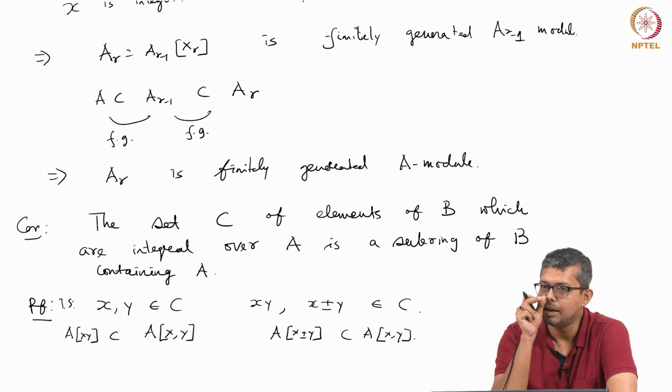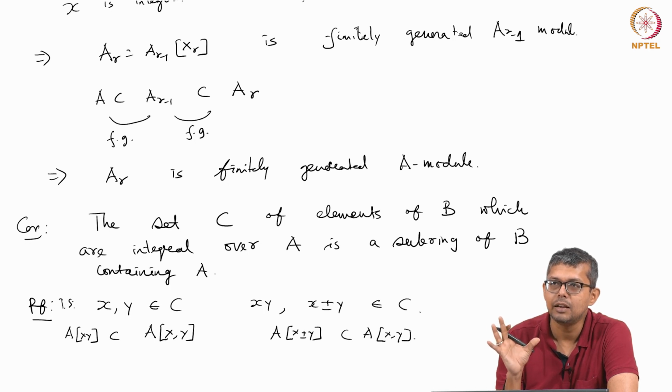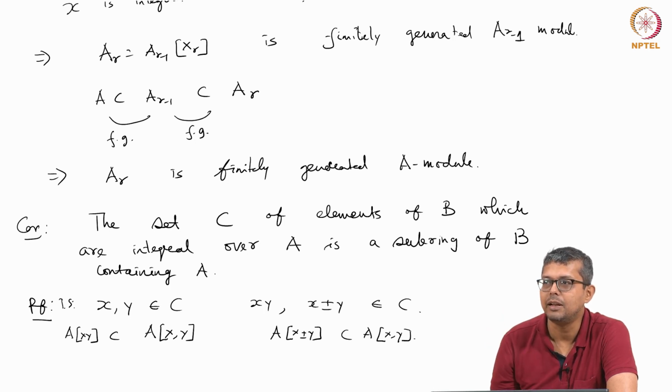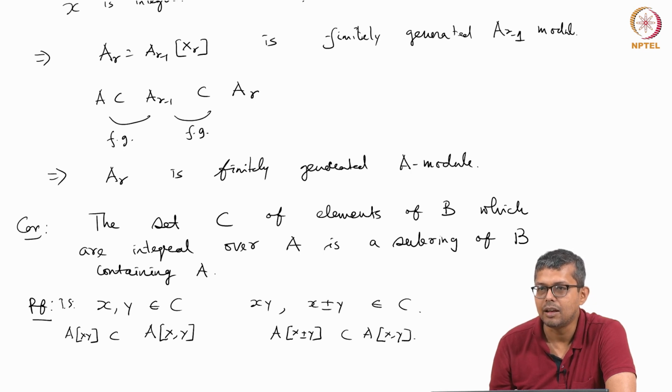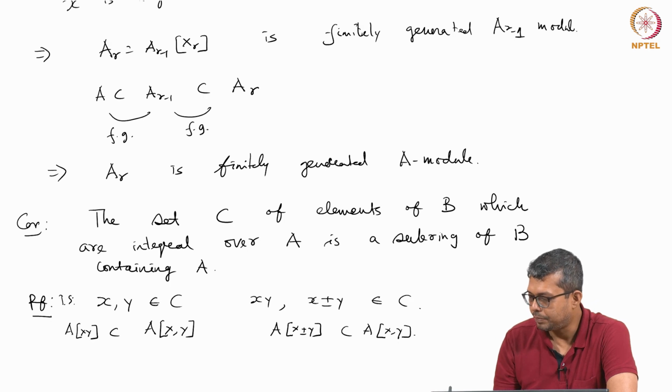So the Cayley-Hamilton theorem is a very important application in this case, that the set of all integral elements of B over A forms a subring. So this is a major application of the Cayley-Hamilton theorem. Okay. So I will stop here and I will wait for questions now.